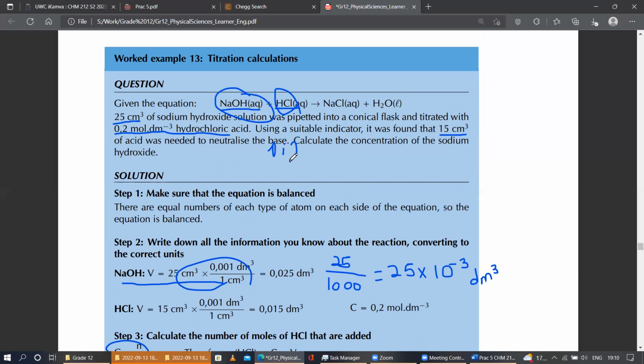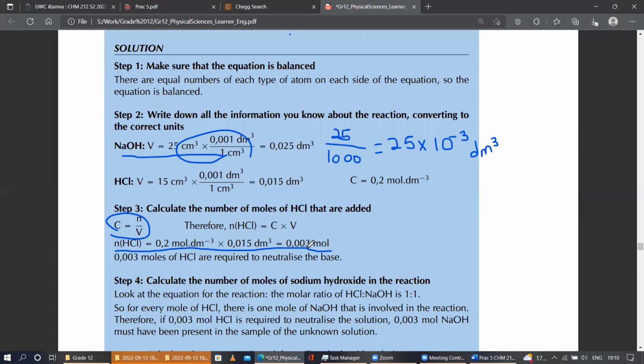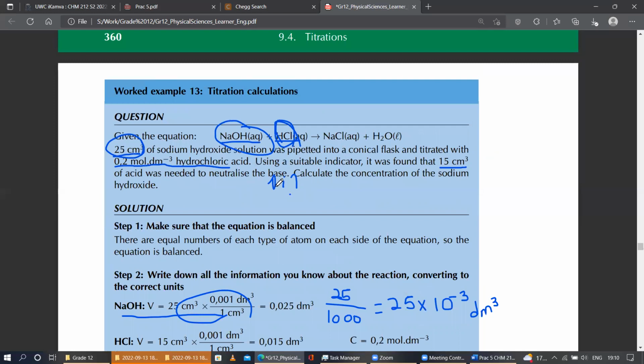So now you have the volume of sodium hydroxide, and by finding the concentration of hydrochloric acid, which in this particular case is 0.003 mole, you just use the ratios, which is 1:1. So that means the number of moles of sodium hydroxide is equal to the number of moles of hydrochloric acid.